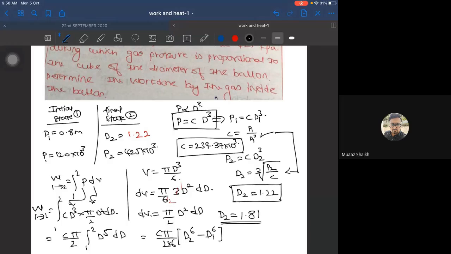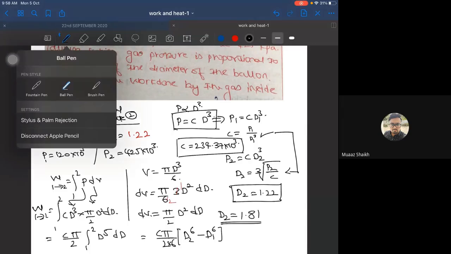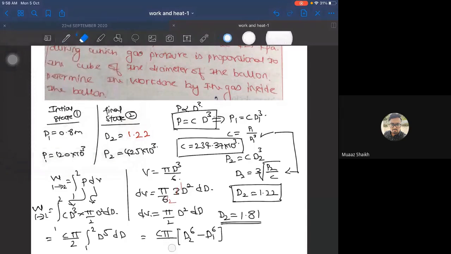So I can just write it directly. 6 into 2, so it's 12, so I'll write 12 here.